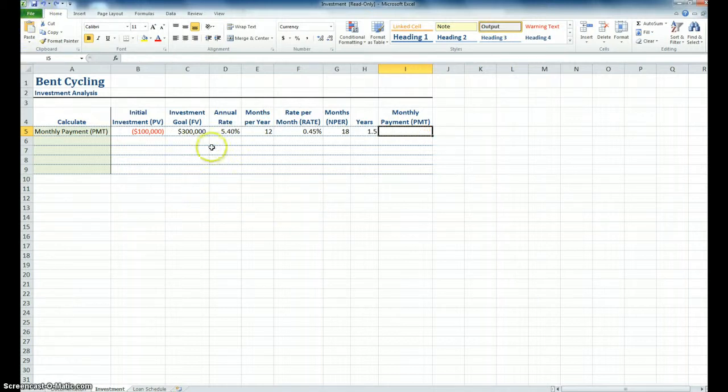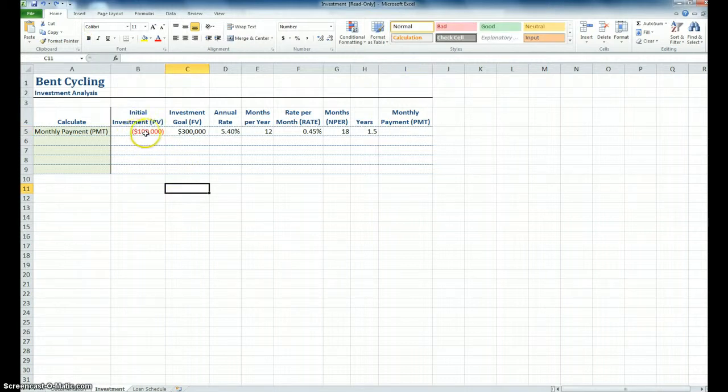So let's undo that. Notice again how I've got my initial investment. I've got $100,000. It shows as a negative because I'm not going to use it. It's a negative number. But I want to get to a positive number of $300,000, which really is just $200,000 more. My annual rate divided by 12 gives me a monthly rate.